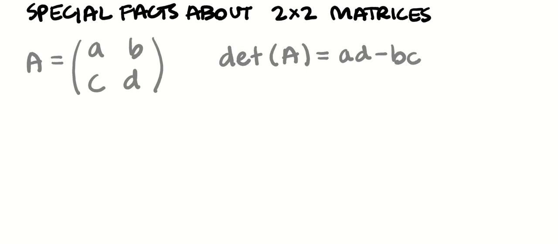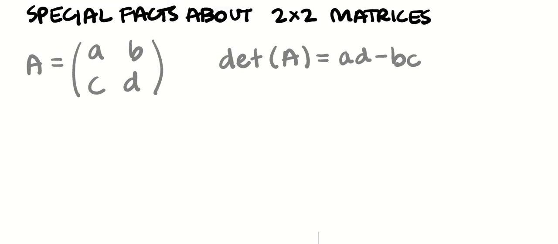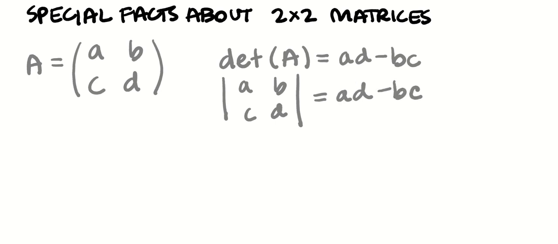We might also write the determinant of A using vertical bars around the outside of the matrix, A, B, C, D, and maybe you remember that from something else we've done in this class.